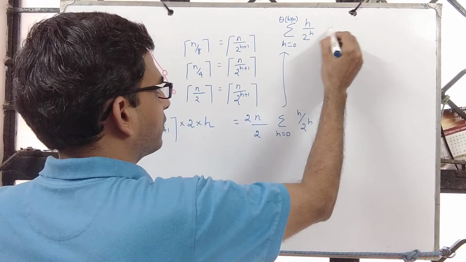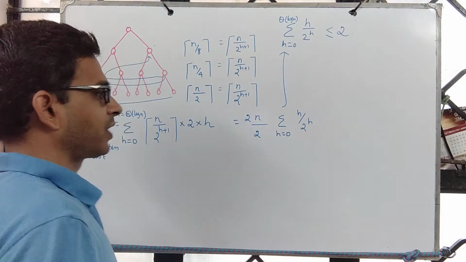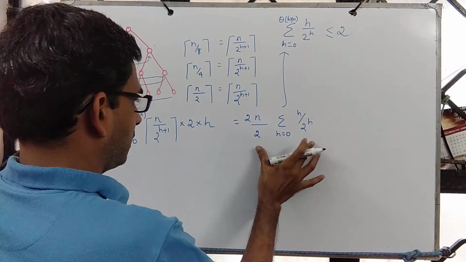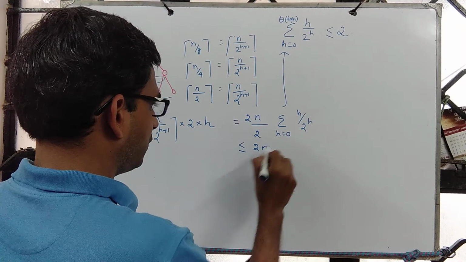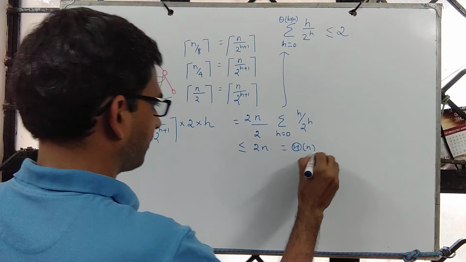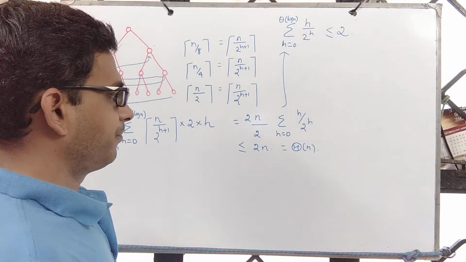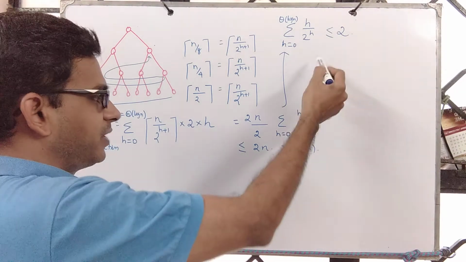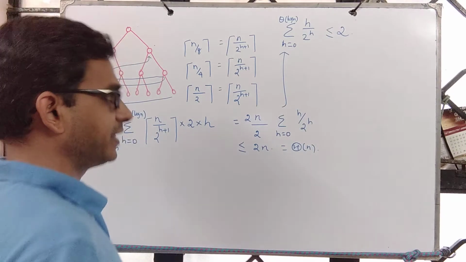And this is a constant, at most something, say 2. So now this one is at most 2n, which means it is theta of n. You can either refer to my scribe, or if you substitute, you will easily get it.